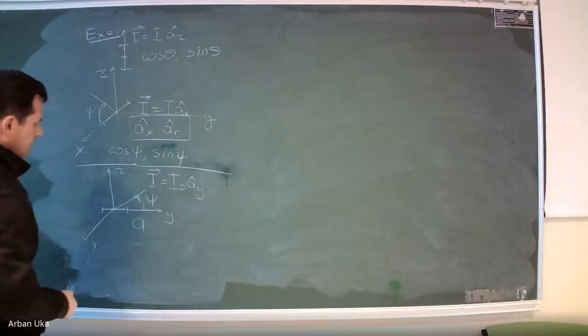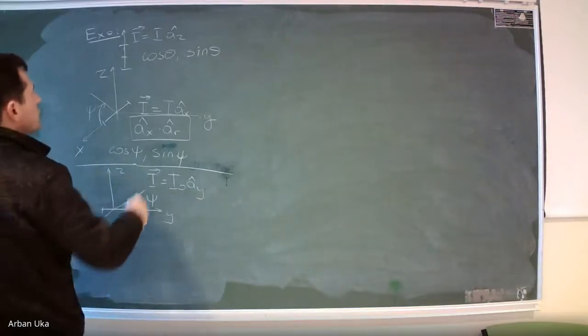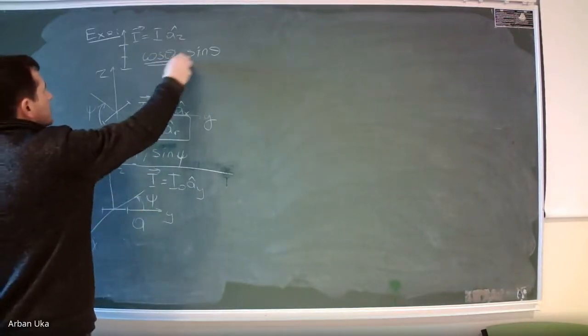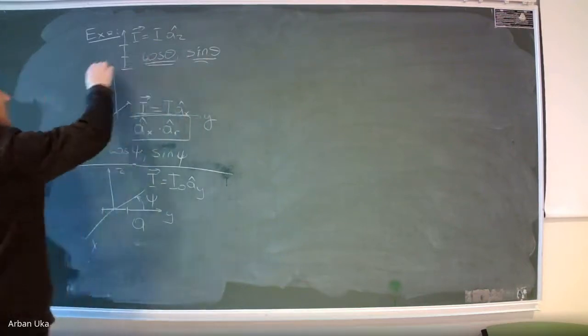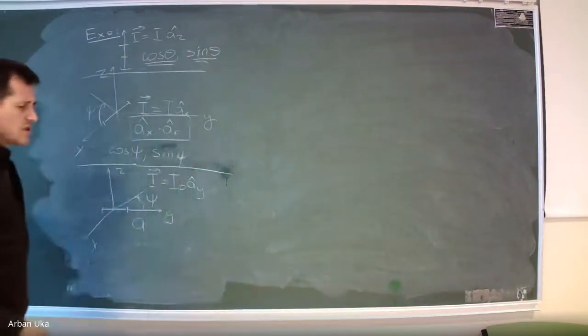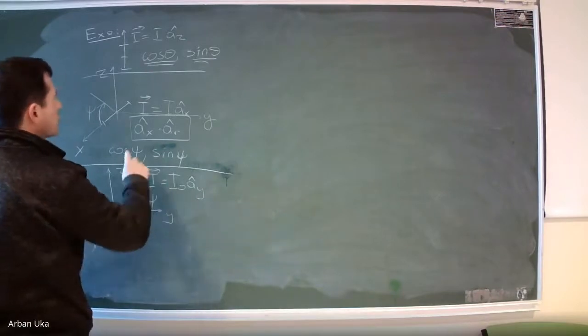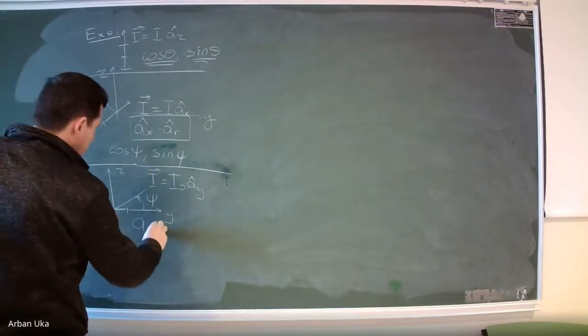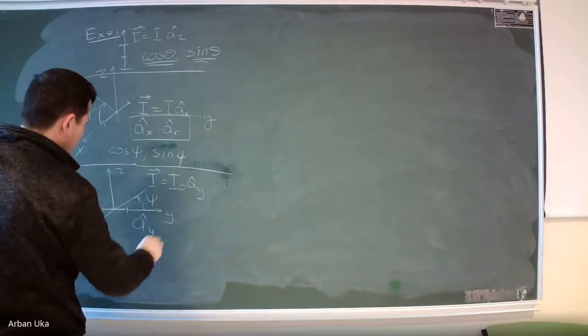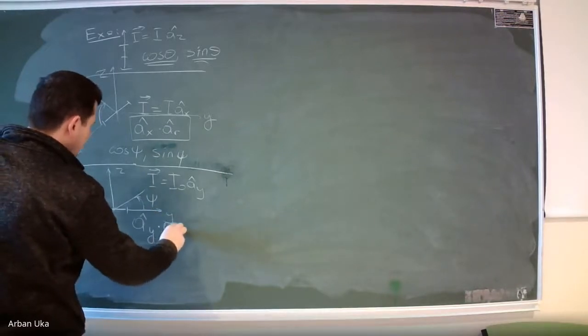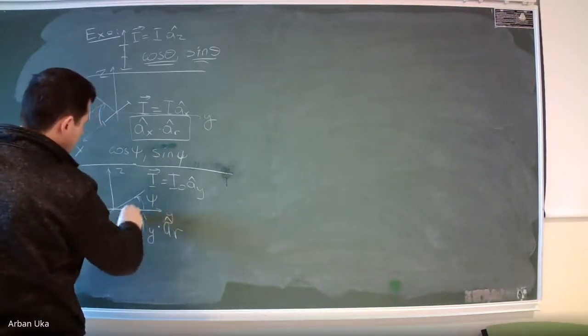So we'd have an angle psi here. So in place of cosine theta and sine theta, which we use as a general reference, we now have an angle psi, whose cosine can immediately be identified if we do the dot product of a_y times a_r, okay?